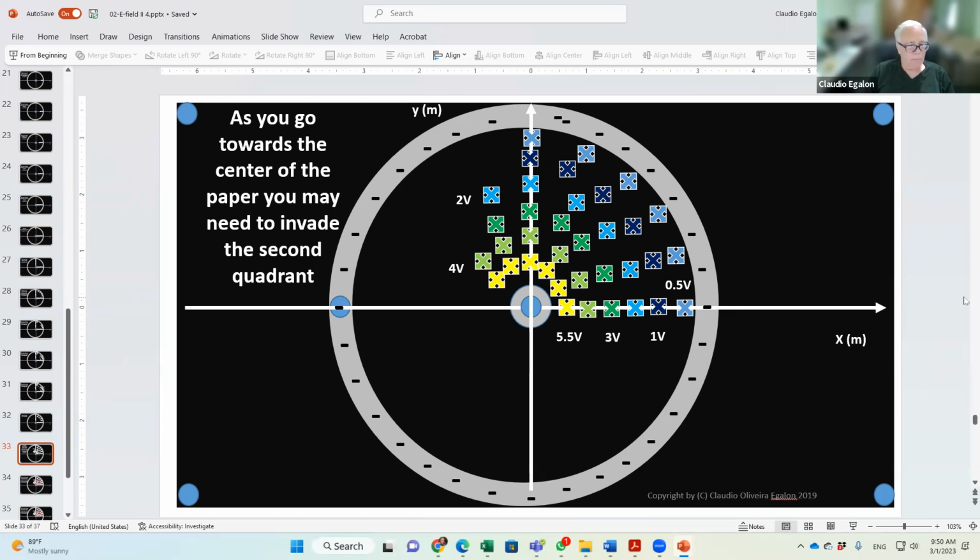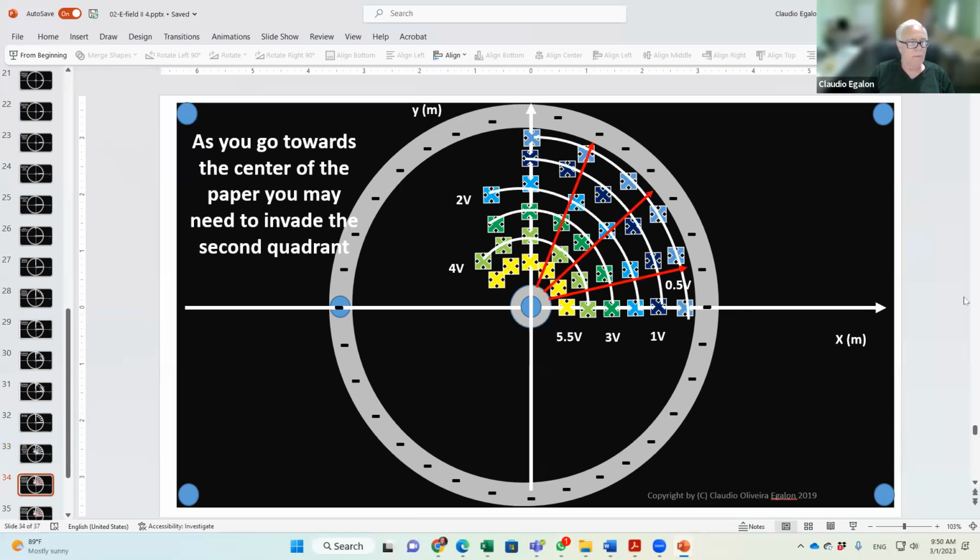And then you draw an arc of a circle and plot the electric field lines, which, just like before, should be normal to the equipotential surfaces. And normal again means perpendicular to the tangent of the equipotential surface, or curve in this case.